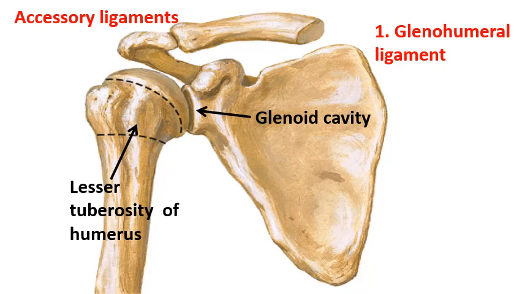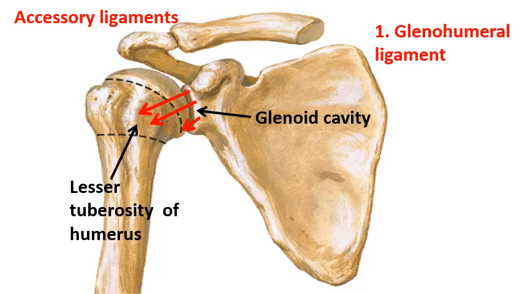First, the glenohumeral ligament. As you see, this ligament is formed of three parts or three ligaments: superior, middle, and inferior ligament, and we call it gleno from the glenoid cavity, humeral to the humerus. It is attached to the glenoid cavity where? To the medial margin of the glenoid cavity.